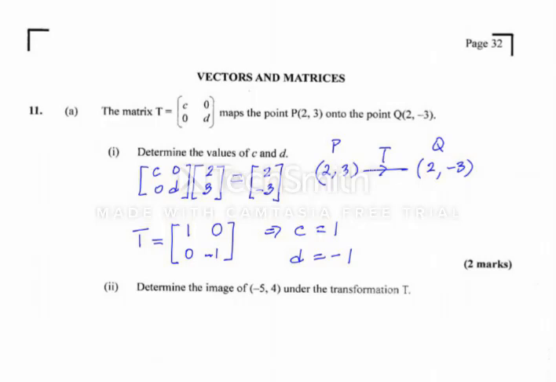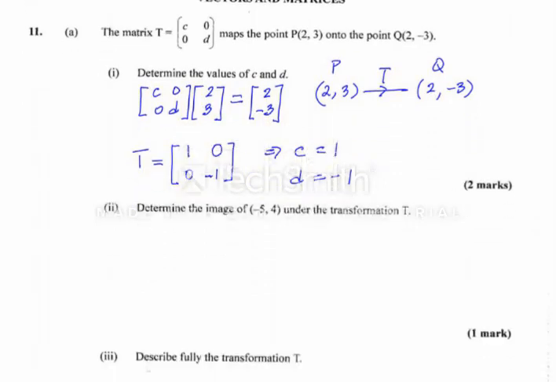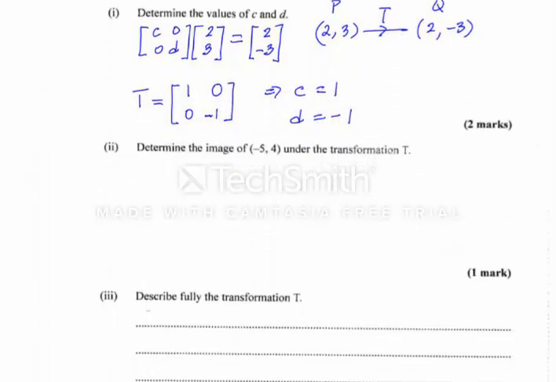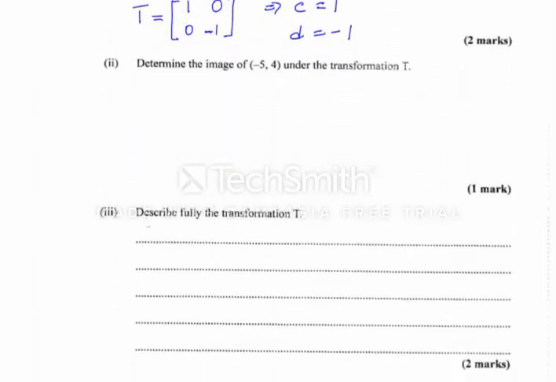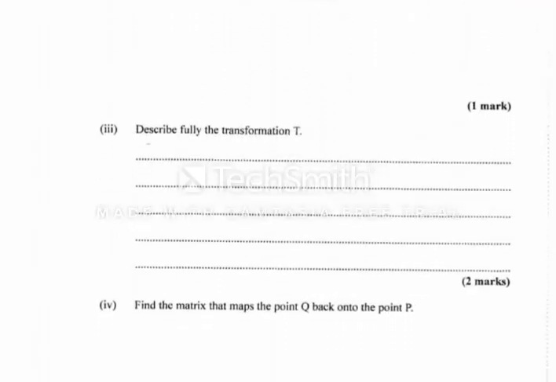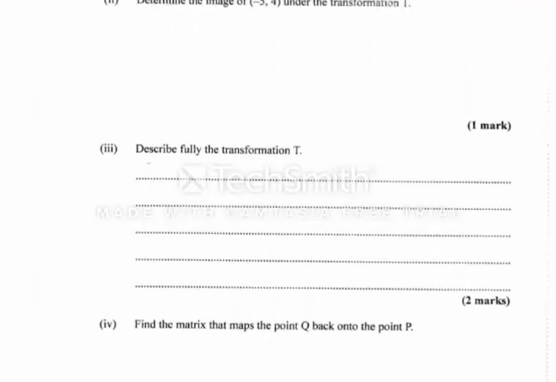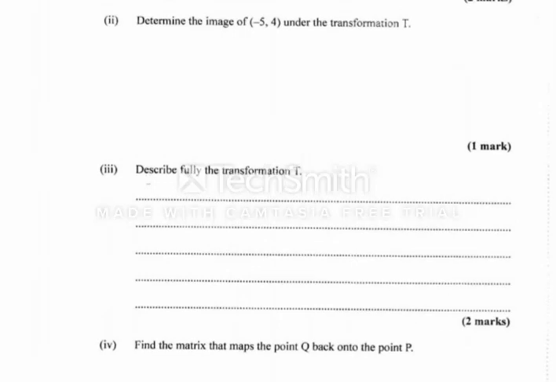Now determine the image of (-5, 4) under T. All right, remember what T does to a coordinate: it changes the sign of the y coordinate.